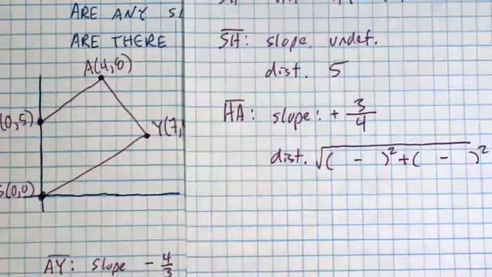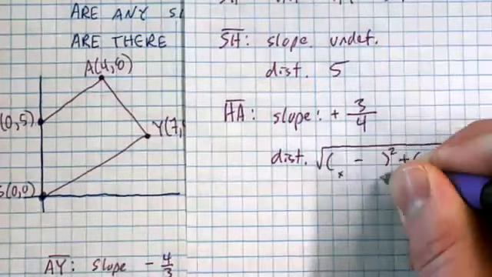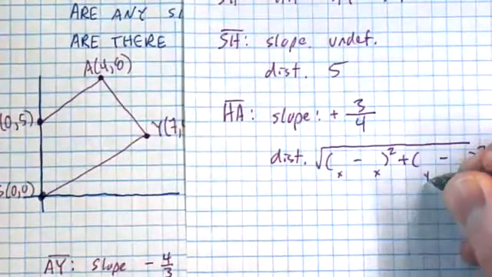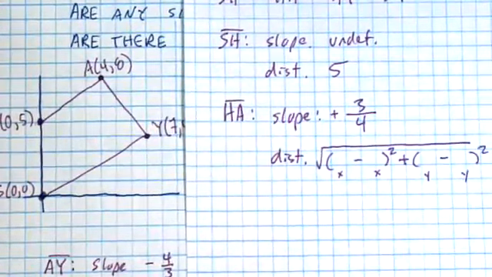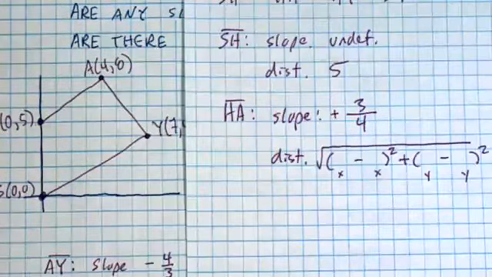And what you need to know about the distance formula is that your x's go in the first parenthesis and your y's go in the second parenthesis. And it's like x1, x2, y1, y2, but it turns out that it doesn't matter what order you put your x's in or what order you put your y's in.